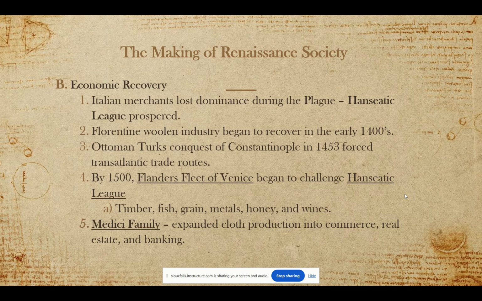We know that Italian merchants started to see a revival in imports and exports and, in general, maritime activity. And one specific merchant family named the Medicis started to thrive in exporting cloth or textiles.